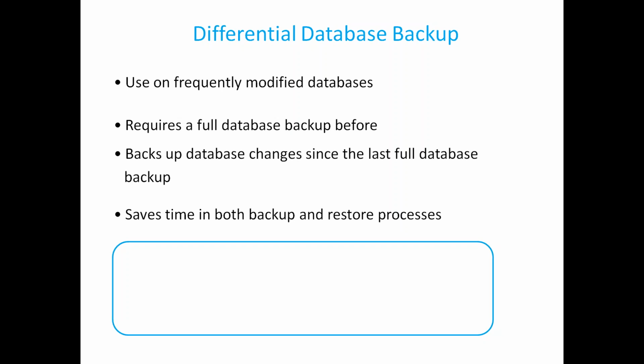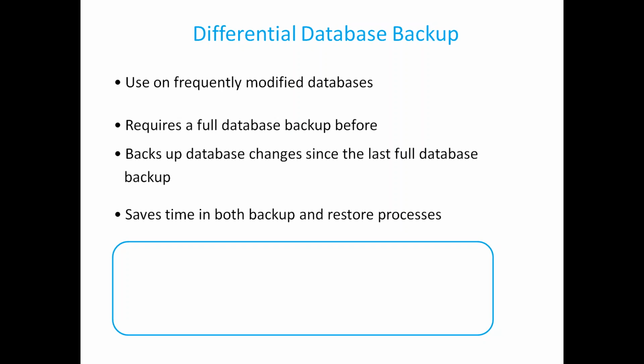And then after, on next day, instead of taking a full backup, if you run a differential backup, then the only changes that will happen from Saturday night till Sunday night, those changes will be taken into consideration for differential backup. In the same way, when you take a second differential backup on Monday, then the Monday differential backup will contain the Sunday changes and as well as Monday changes.